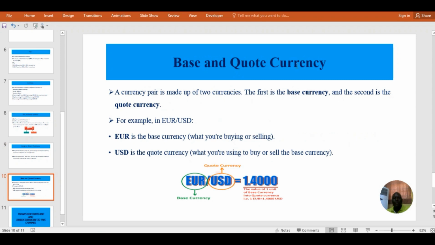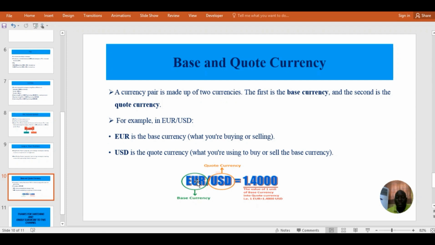Then the base and quote currency. Every currency pair has two currencies. One is called the base currency. I'm using this as an example: EUR/USD. Euro is the base currency, and USD is the quote currency. In this example, if the value is 1.400, it signals that I need 1.400 US dollars to buy 1 euro.